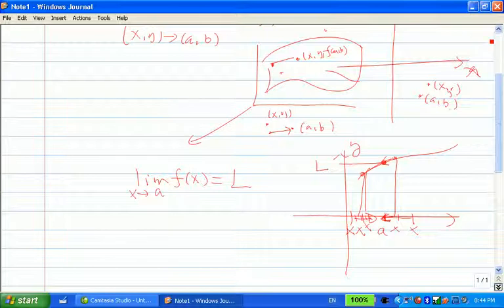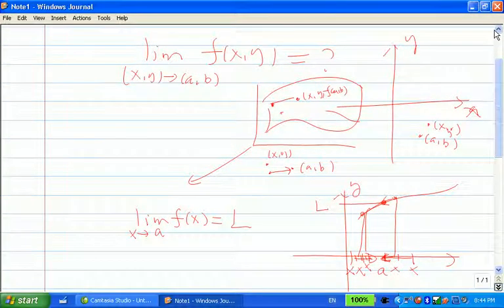Then go back to the case of functions that depend on two variables. For the given point here, how many ways can your (x, y) go there? As you can tell, infinitely many ways. So for this limit to exist, it doesn't matter which way you go.